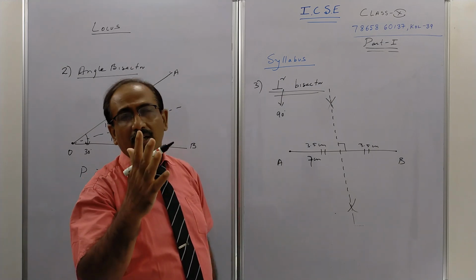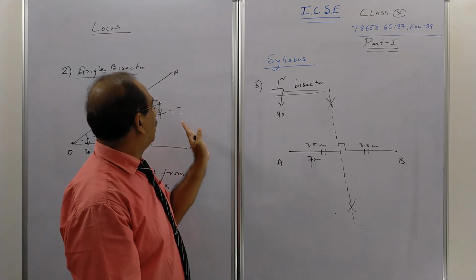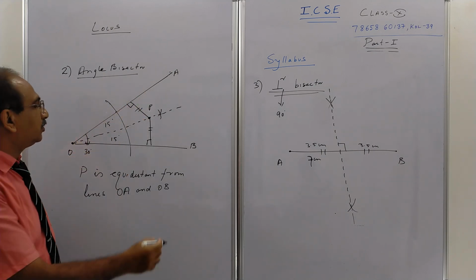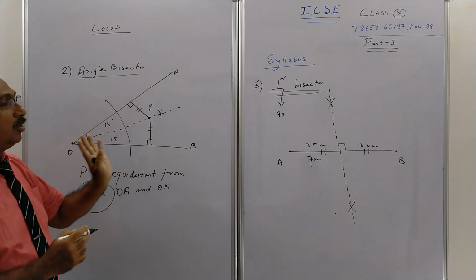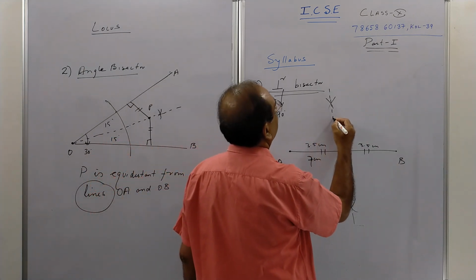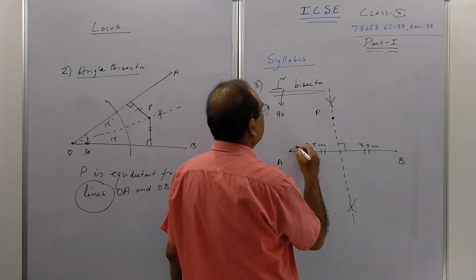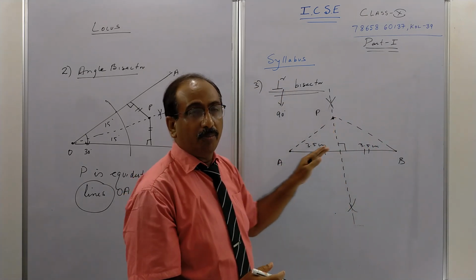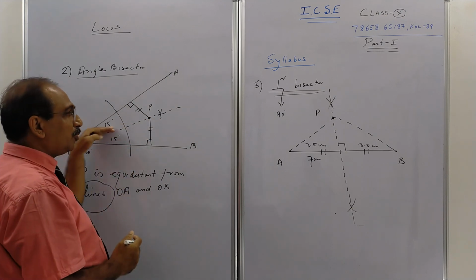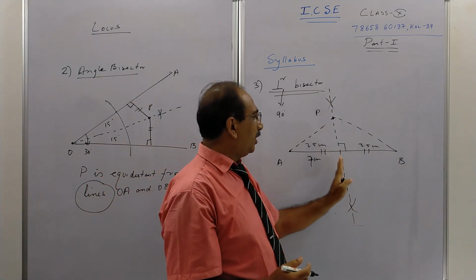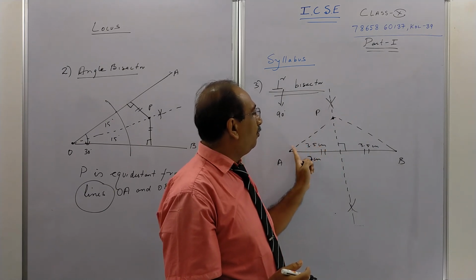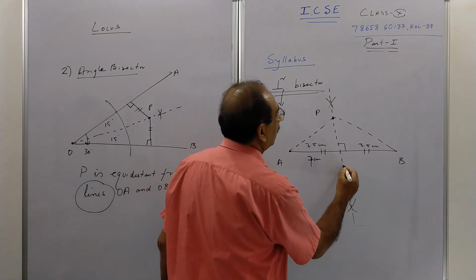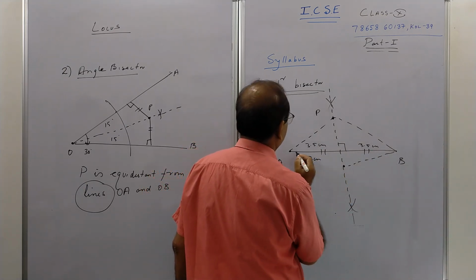Now what is the second and the last important thing about our ICSE syllabus? Number one, I told you point P is equidistant from lines OA and OB. Remember this word, lines. Here suppose a point P is there. Any point on the angle bisector, and any point on the perpendicular bisector, will always be equidistant from points A and B. So P can be here, children, P can be here also.